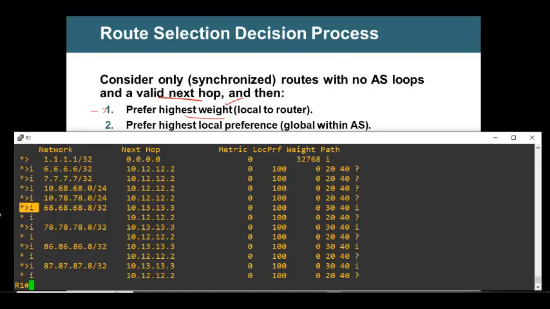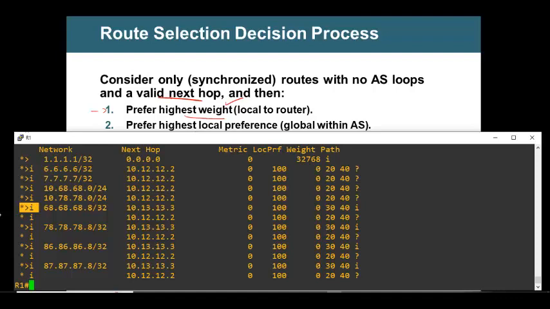Weight. I am going to tune weight to achieve my policy. What is my policy? Going via 2 is my policy, correct? To any destination, if I trace route or check the routing table or BGP table, the best route should be here.